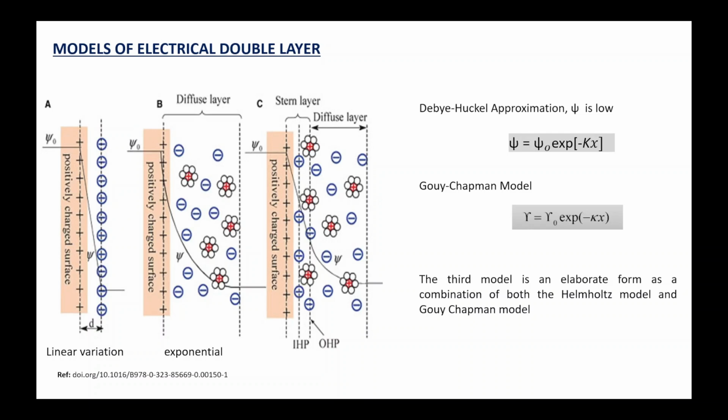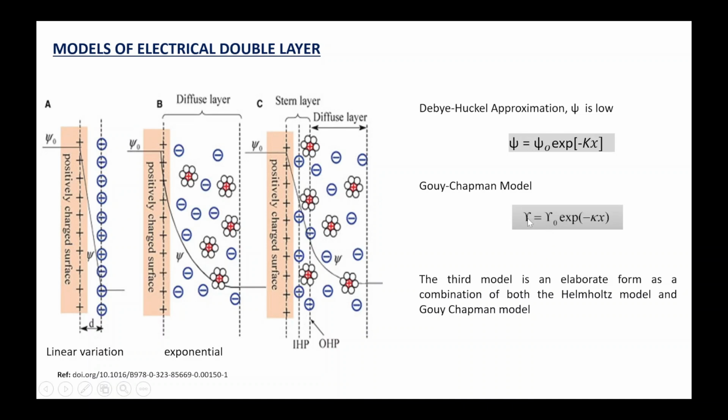For that, we need to derive a more generalized expression. For that, we use the Boltzmann equation, and then we did many mathematical manipulations to that equation. At the end, we derive this relationship.